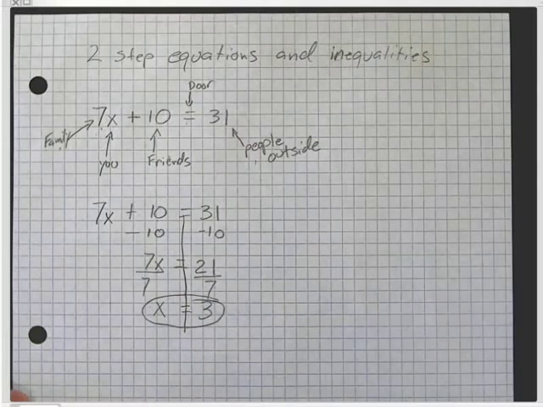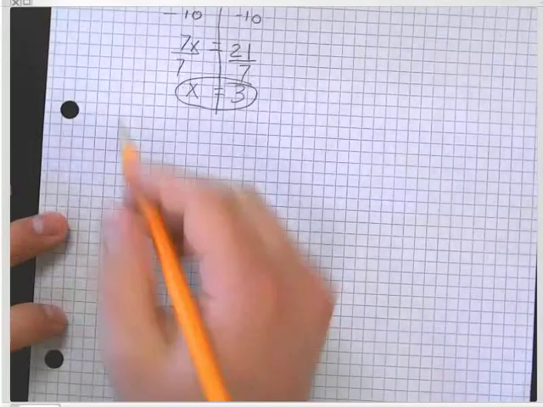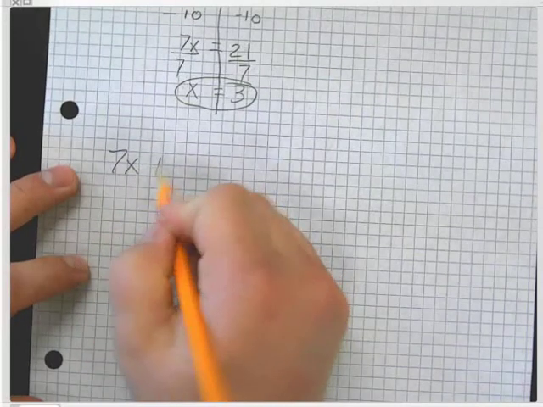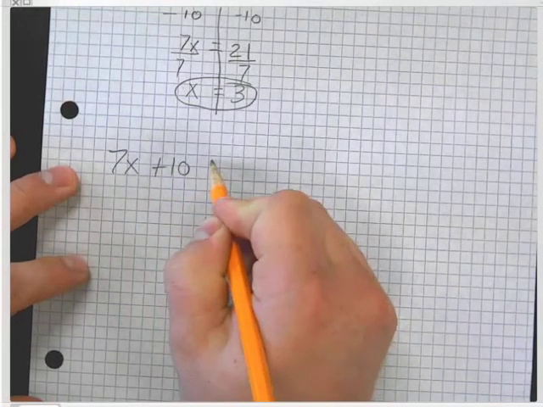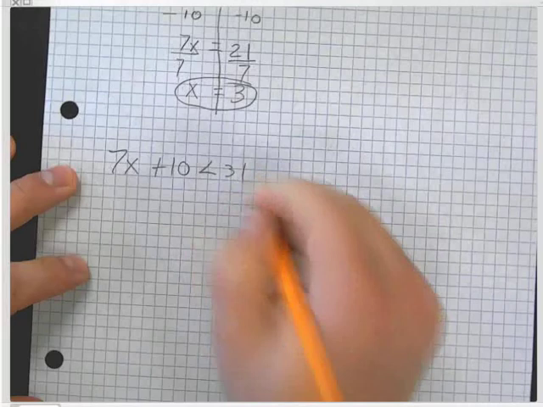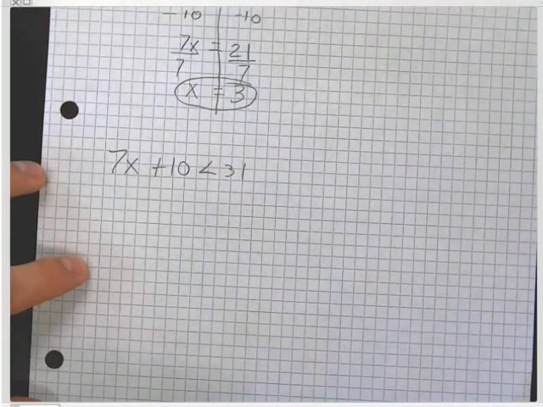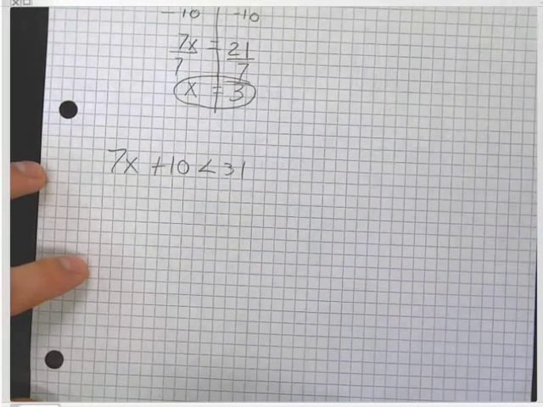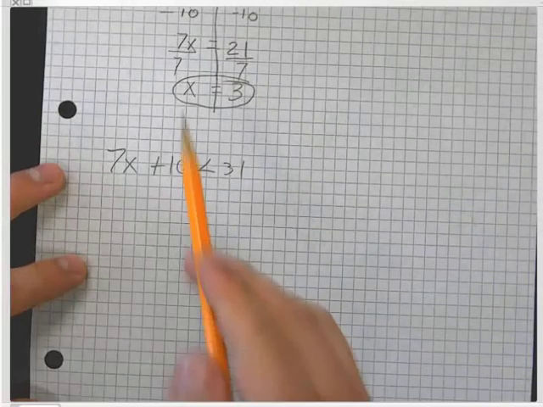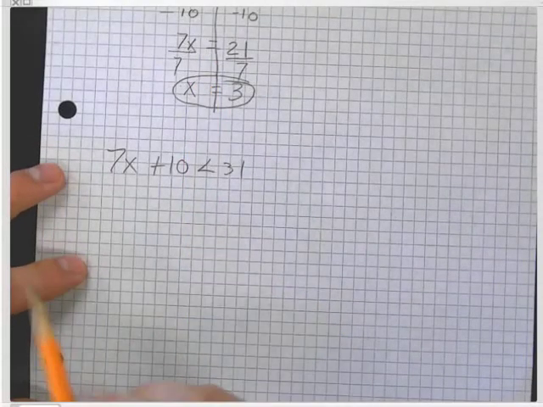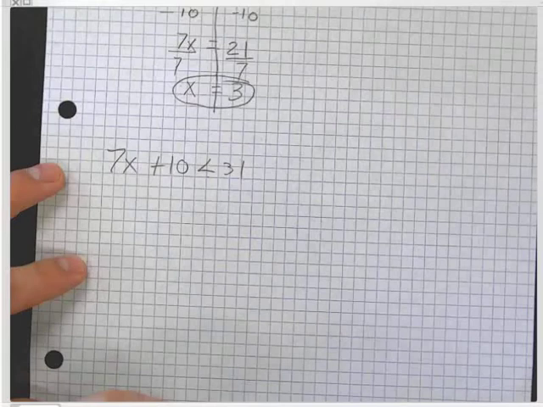Alright, now let's pretend this is an inequality. So let's say we have the same thing, 7x plus 10 is less than 31. Alright? You do this problem exactly the same as you did the equation up top. This just has a different symbol. It's not an equal sign, it's an inequality.